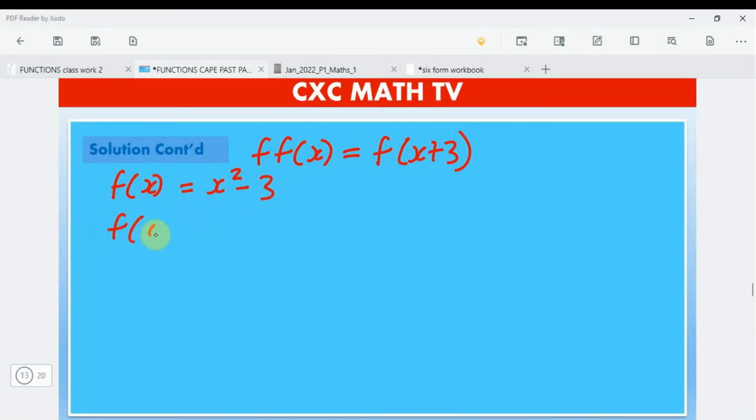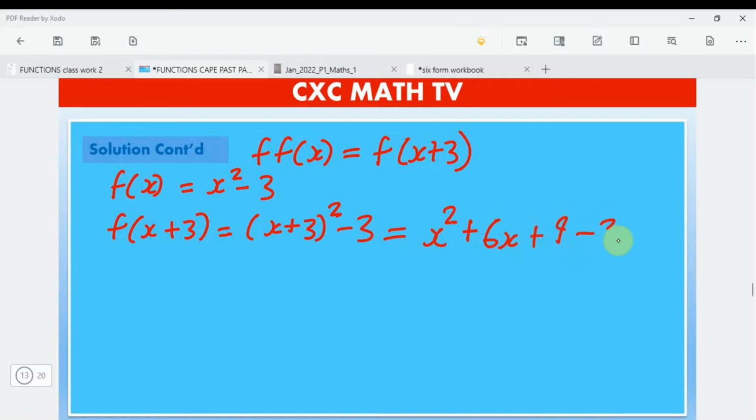So f of x plus 3 is going to be x plus 3 all squared minus 3. That will simplify to be first term squared plus twice the product of the two plus second term squared minus 3. That is simplifying to be x squared plus 6x plus 6. That is f of x plus 3.